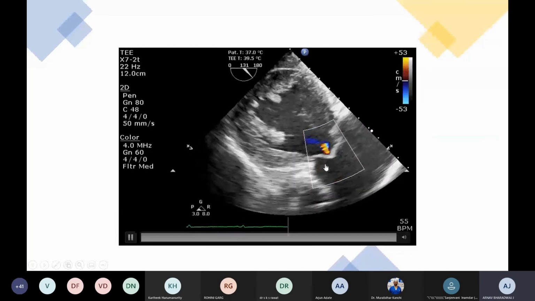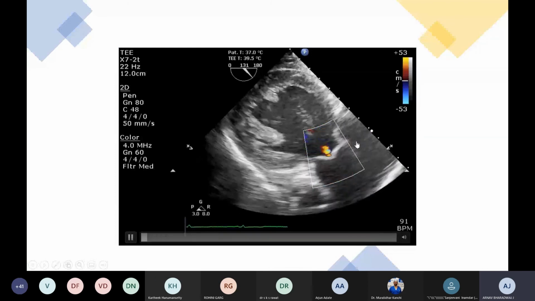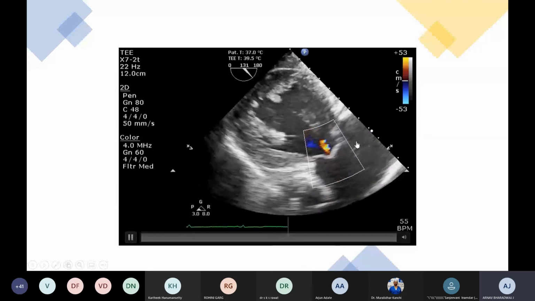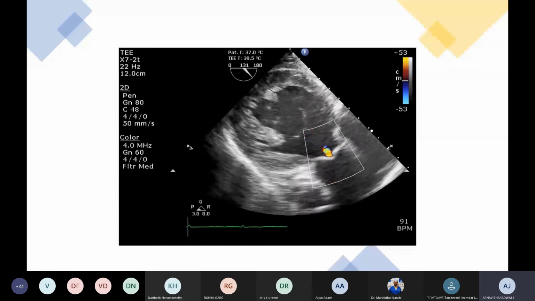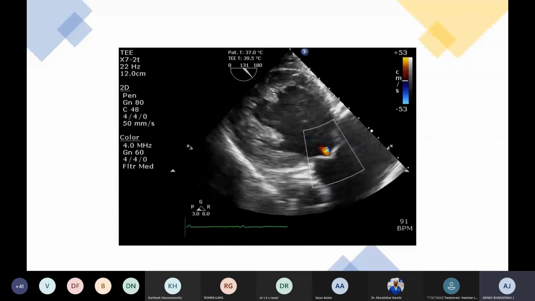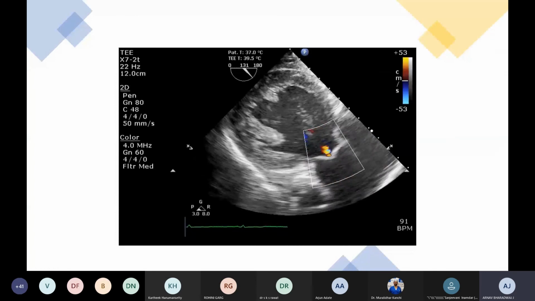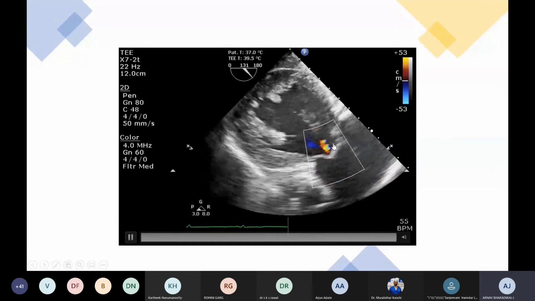Once again, we have put the color flow Doppler here, so we can see a mild aortic regurgitation. Here again, this is the LV cavity, this is the RCC, and this is the NCC.